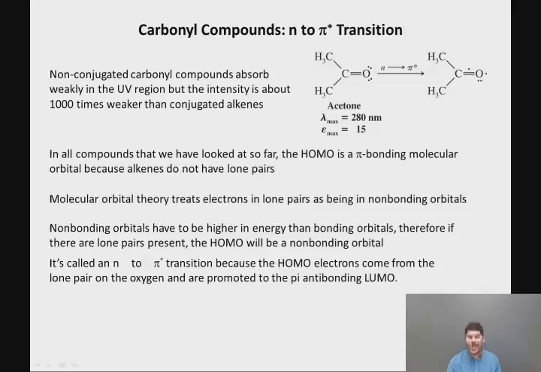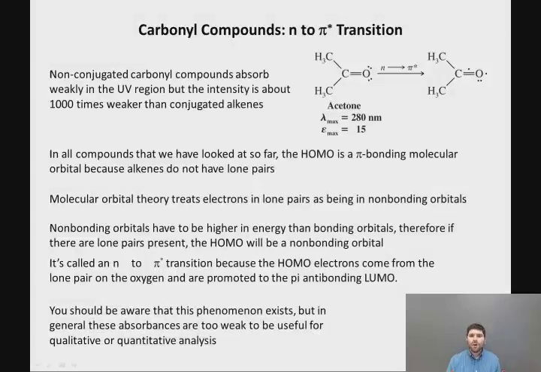N stands for non-bonding, because the HOMO electrons come from the lone pair on the oxygen, from the non-bonding orbital, and are promoted to the pi anti-bonding orbital as the LUMO of the C=O pi bond. So even though it's a C=O pi bond, it's not a pi to pi star transition. It's actually a transition from the lone pair on the oxygen to the C=O pi star orbital.